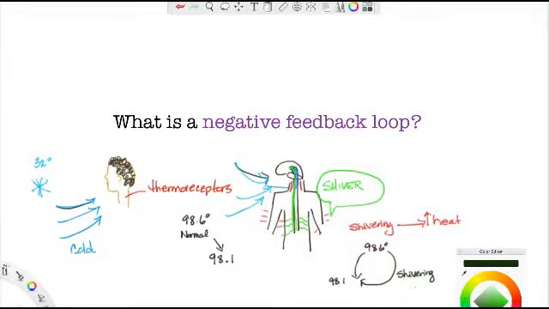That shivering created body heat, and then that heat brought the patient back to the 98.6 again. So that's one example of a negative feedback loop, and I think most of us are pretty familiar with it.